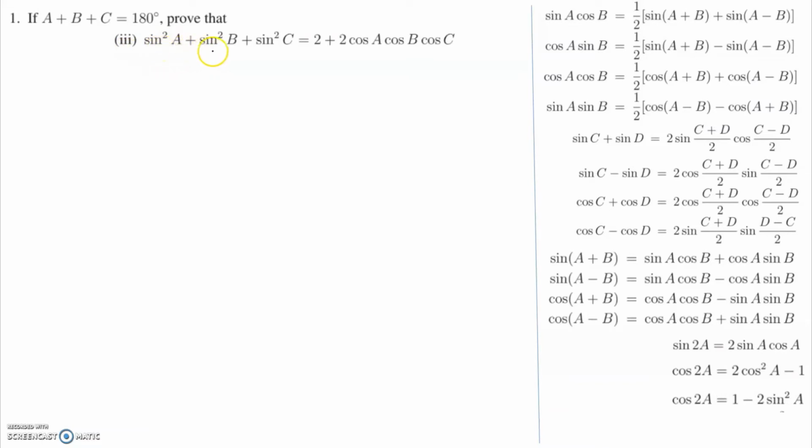The third part of question number 1. Prove sin squared a plus sin squared b plus sin squared c is equal to 2 plus 2 cos a cos b cos c. So let's take the left hand side here, which is equal to sin squared a plus sin squared b plus sin squared c.